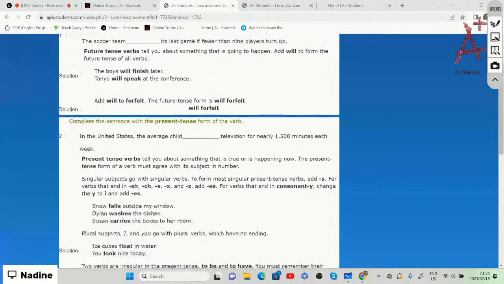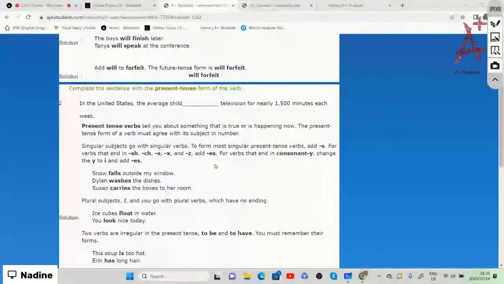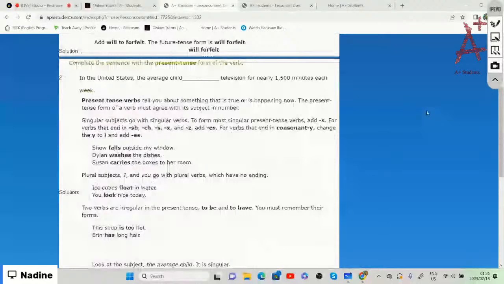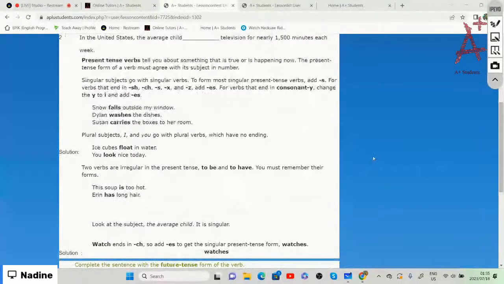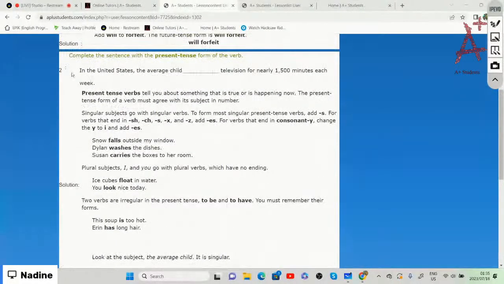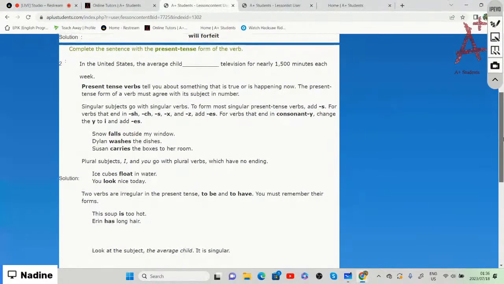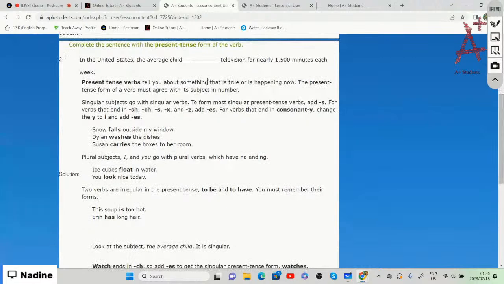All right, so that is the future tense. If we look at a question on the present tense, it says complete the sentence with the present tense form of the verb. In the United States, the average child.